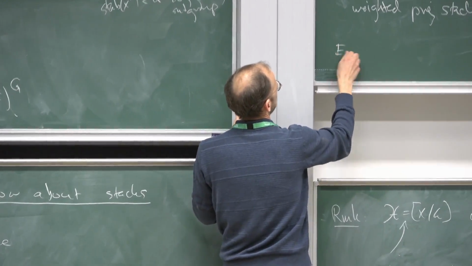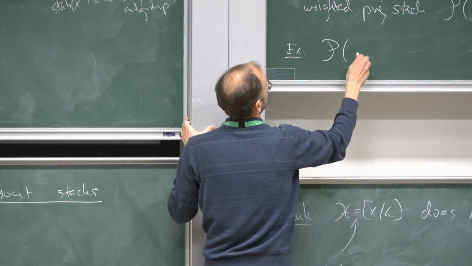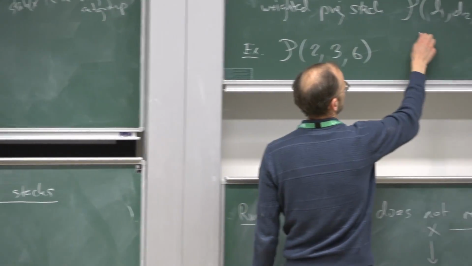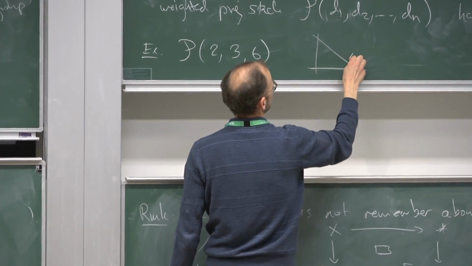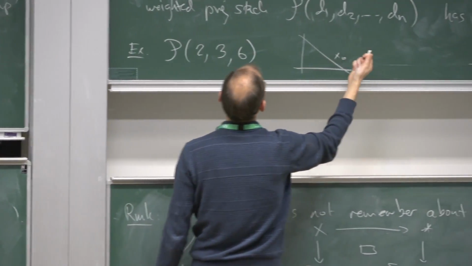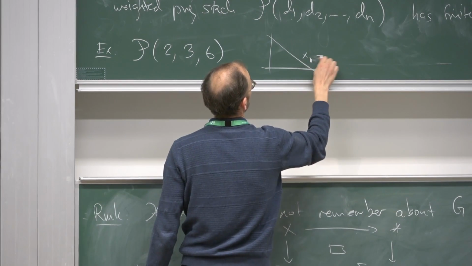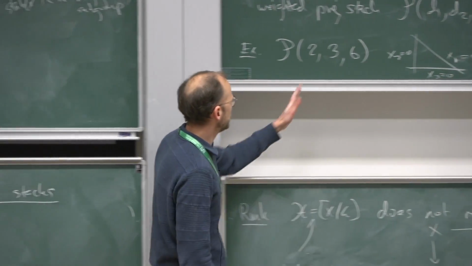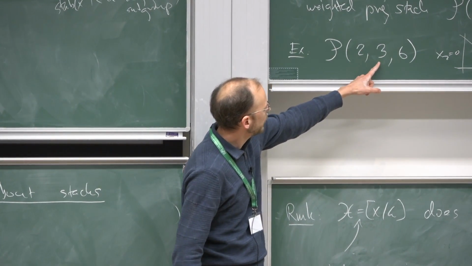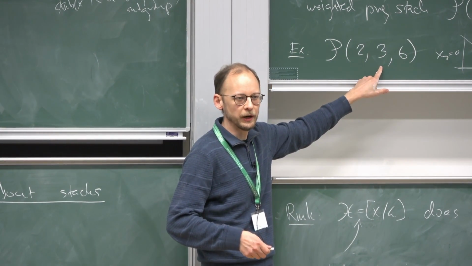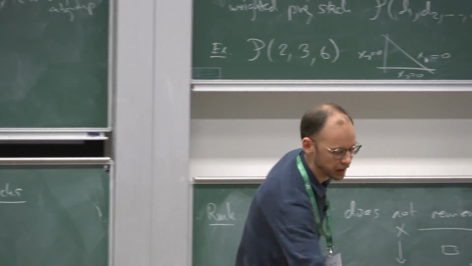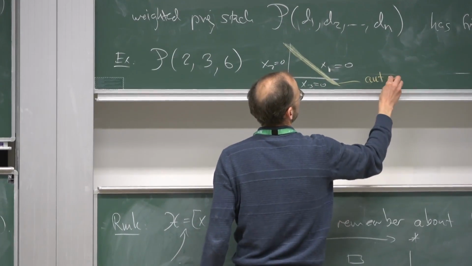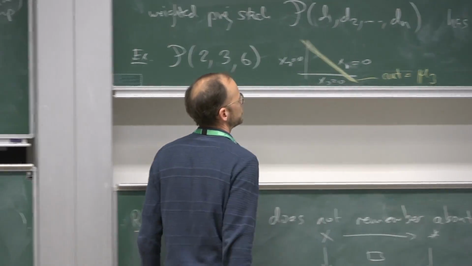So let's do a concrete example. Let's say I take weights 2, 3, and 6, with coordinates x1, x2, x3. Then when x1 is 0, all these are acting trivially by third roots of unity, so the automorphism will be the third roots of unity.